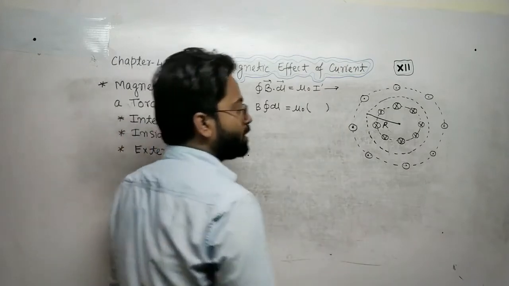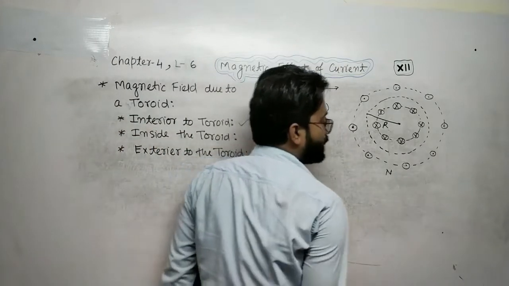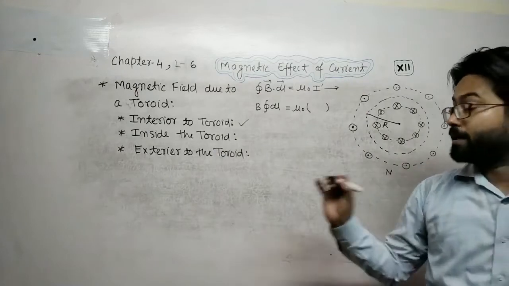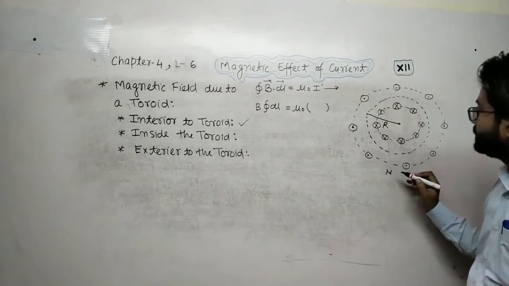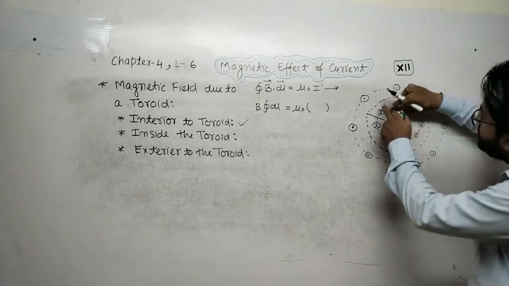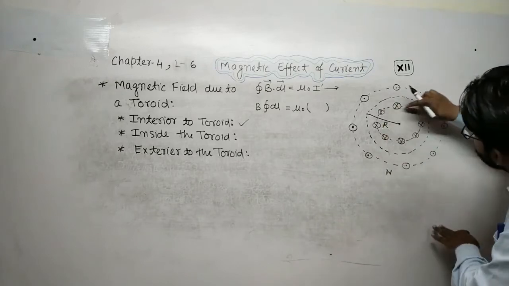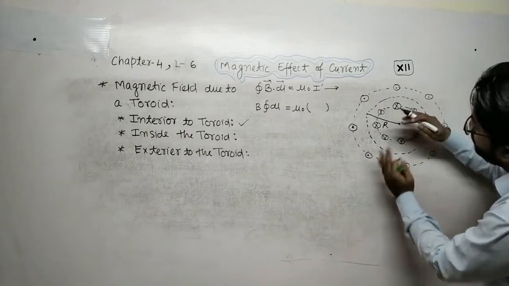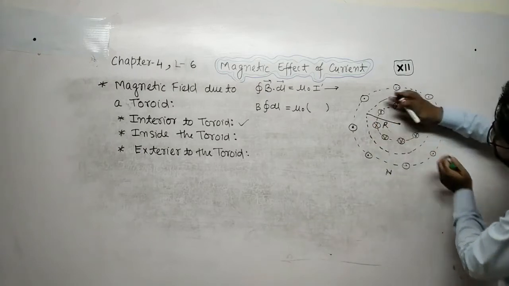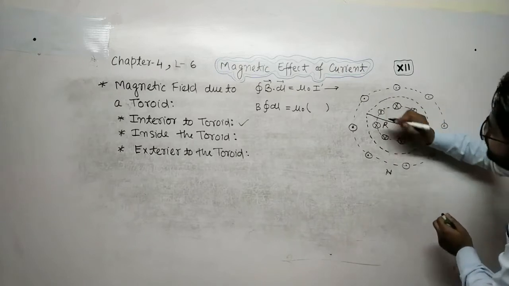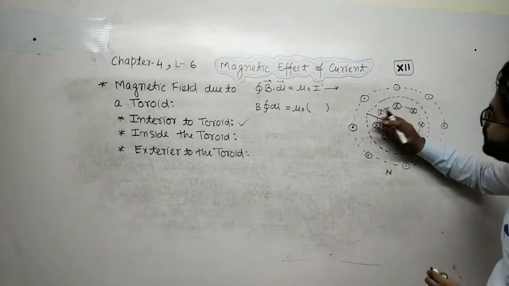What is the net current? If the total number of wires in the toroid is N, then only these wires, not these wires, are threading that particular area, that area that is enclosed by the Ampere circuit.